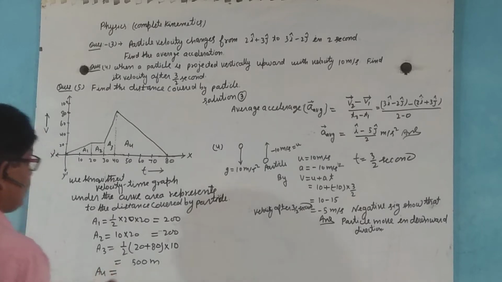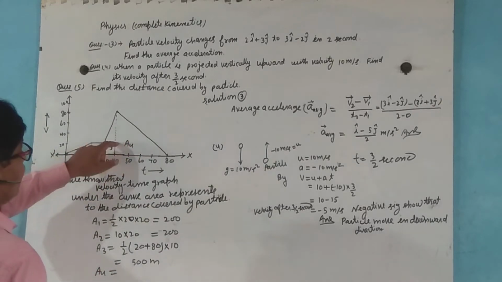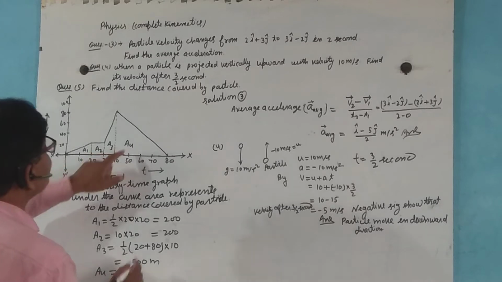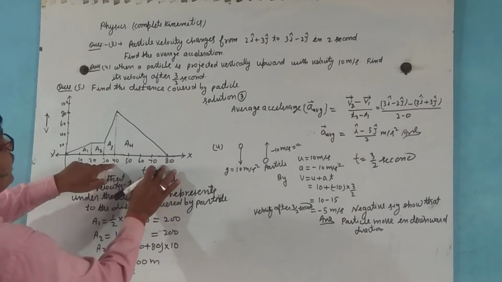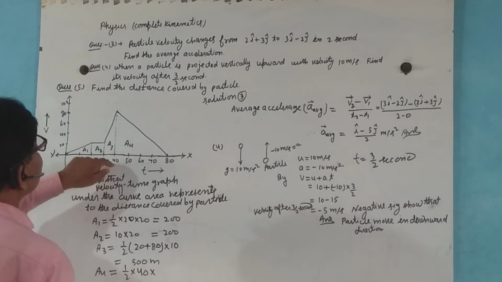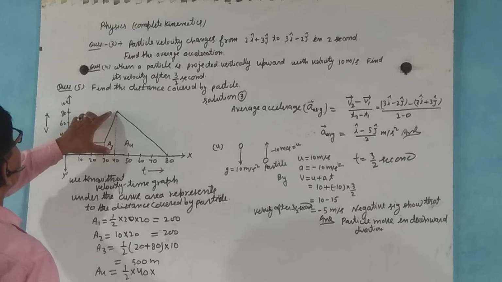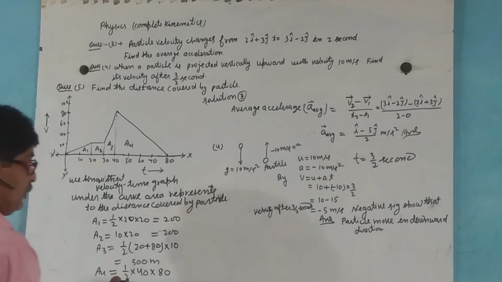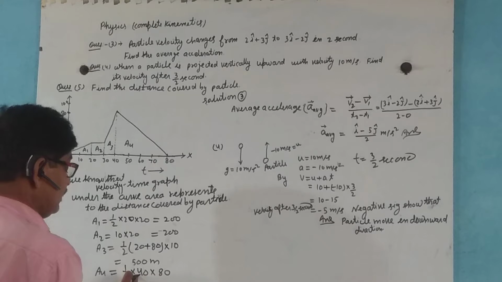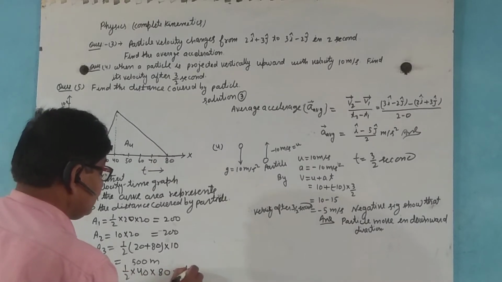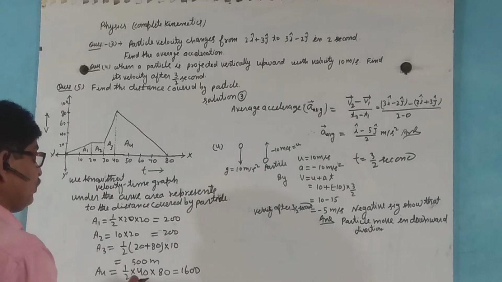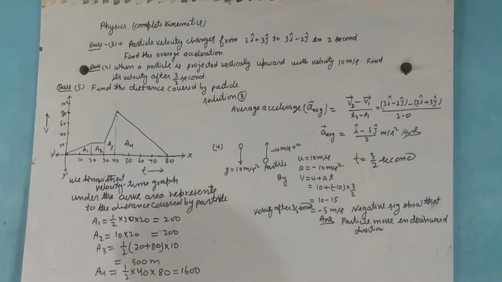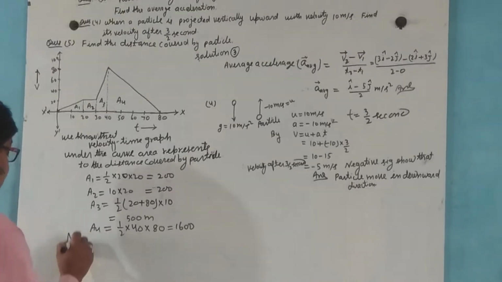Now A4 is a right angle triangle, 1 by 2 into base 80 into height 40, which is equal to 1600 meters.